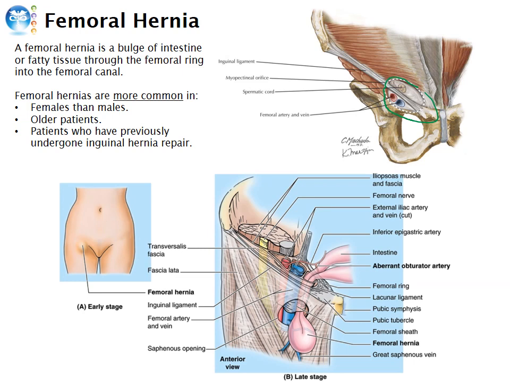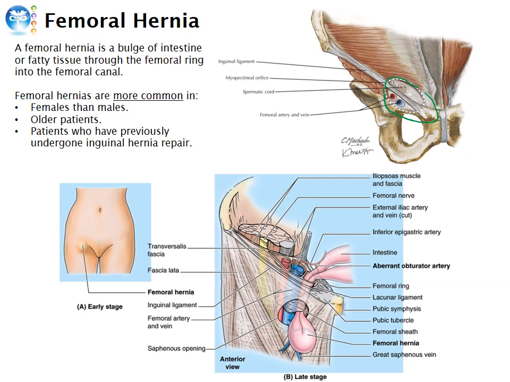I like to think of the mechanism here because if you recall, the femoral canal contains empty space along with those lymphatics and loose connective tissue. Therefore, it's that empty space that allows for structures to go into this area.